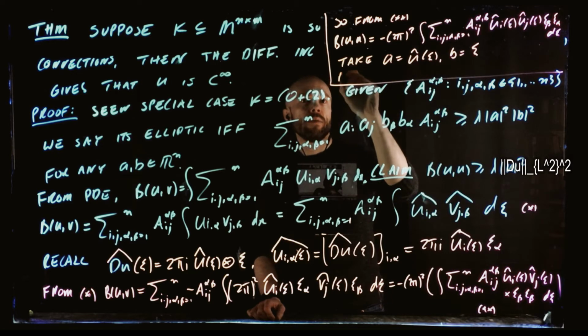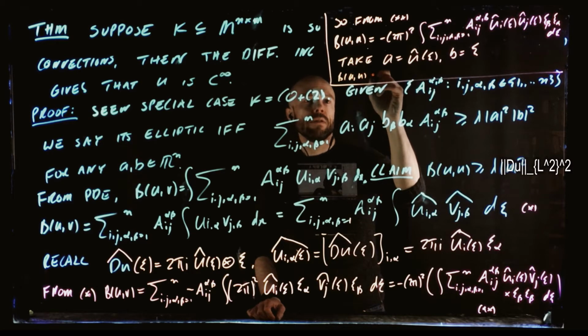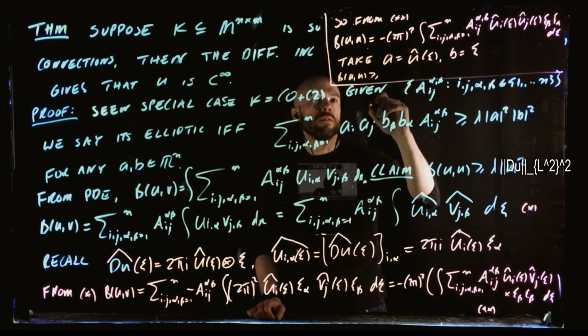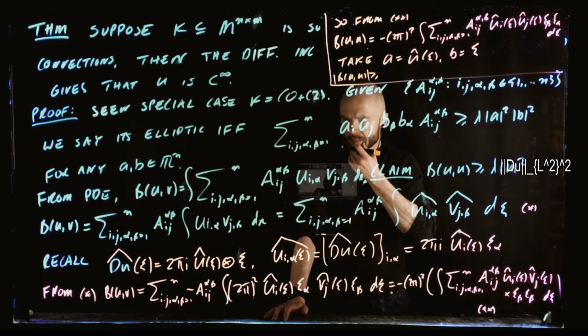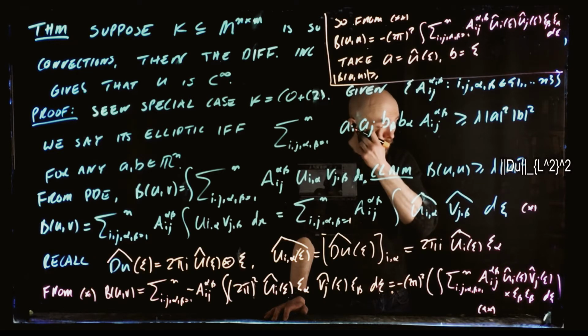So then B of u is bigger than or equal to, well, let's put the absolute value like this. The minus sign shouldn't be here, and I'm wondering about that, or if it's important at all. Okay, I don't think it's important.